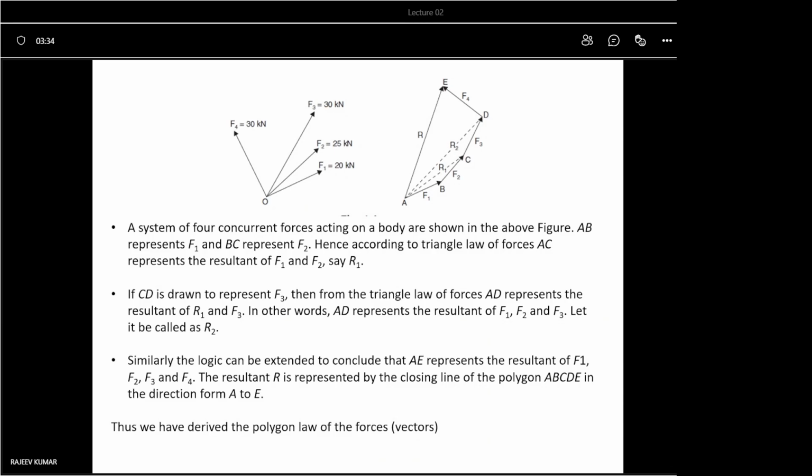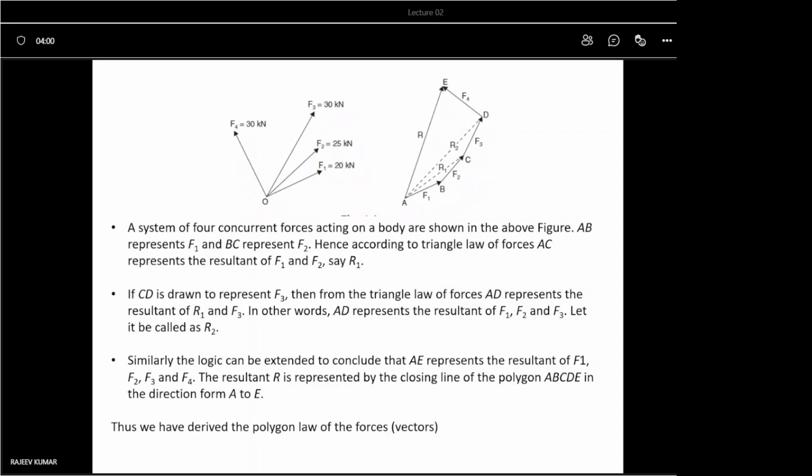Your joining direction will become different. Suppose that 10 forces are there and the last force comes in the third coordinate, so your line will go into the negative directions, but you have to join the initial and last point. That will give you the resultant.